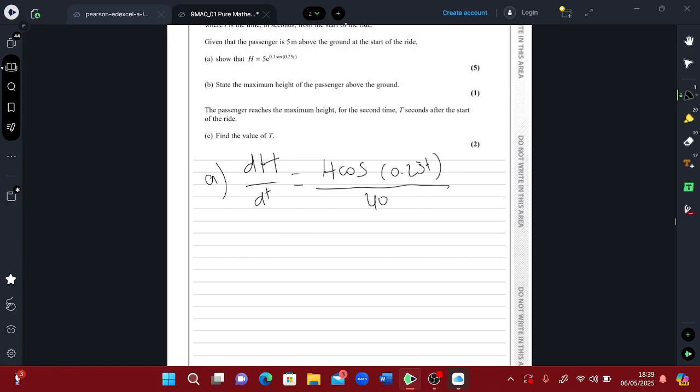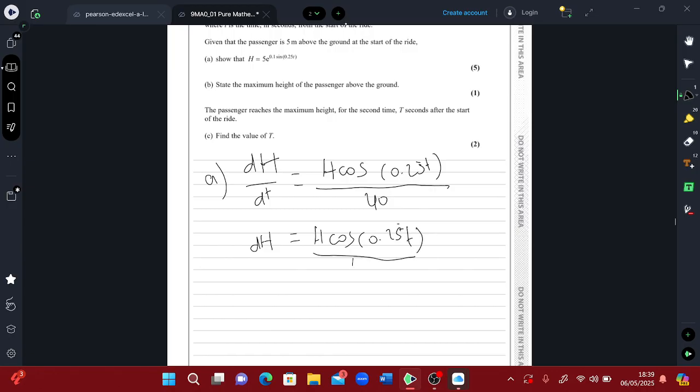And actually, it's really nice because it's already given as dH/dt equals something, so it's very easy to spot how to separate the variables. As always, you want to move the dt to the other side. H cos 0.25t. It shouldn't be too bad to spot how to separate it, but I'm going to break it down a little bit just to make it clearer.